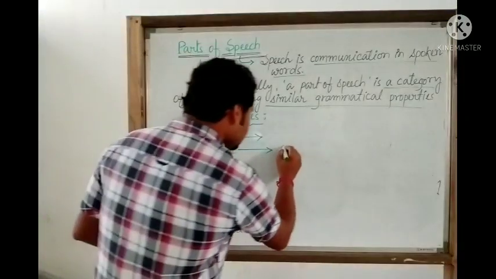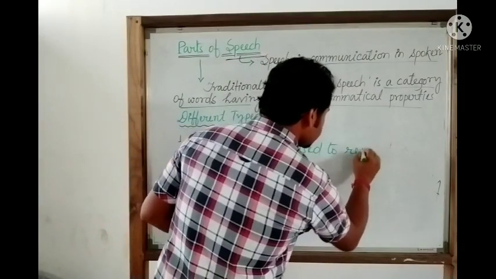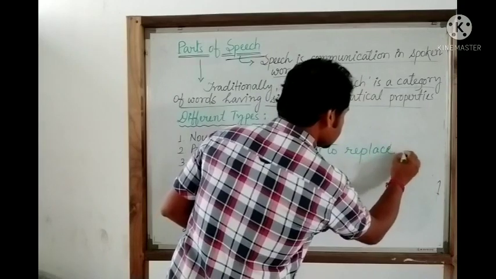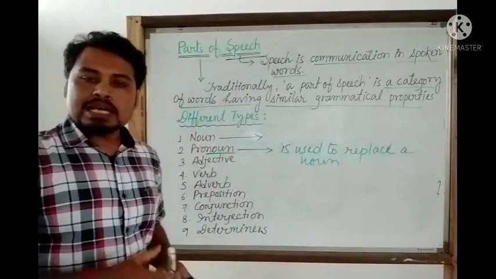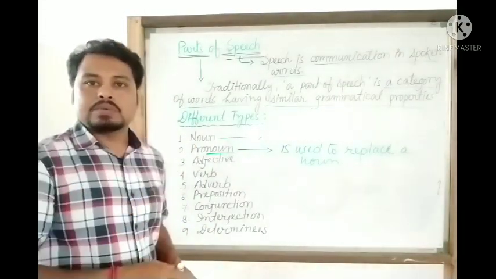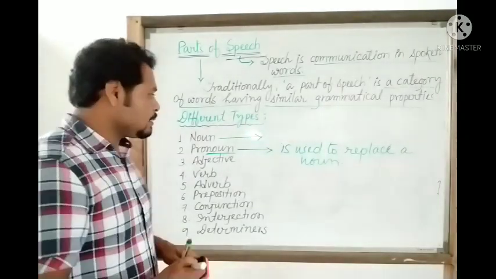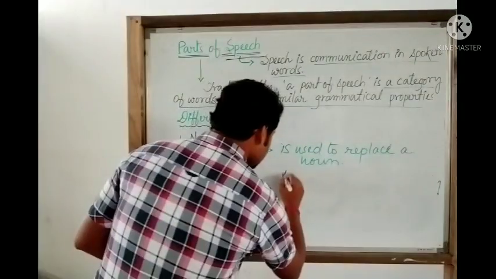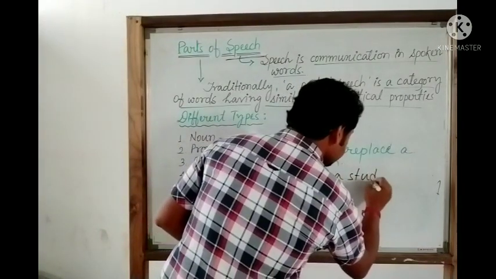So pronoun is used to replace a noun. When we replace a noun, the word that we use, that is called a pronoun. For example, if I try to give an example like this, Ram is a student.